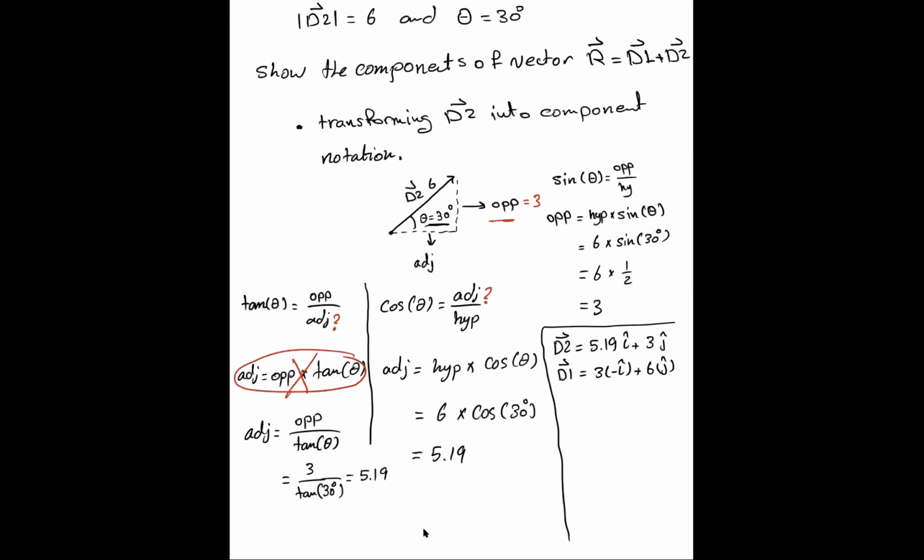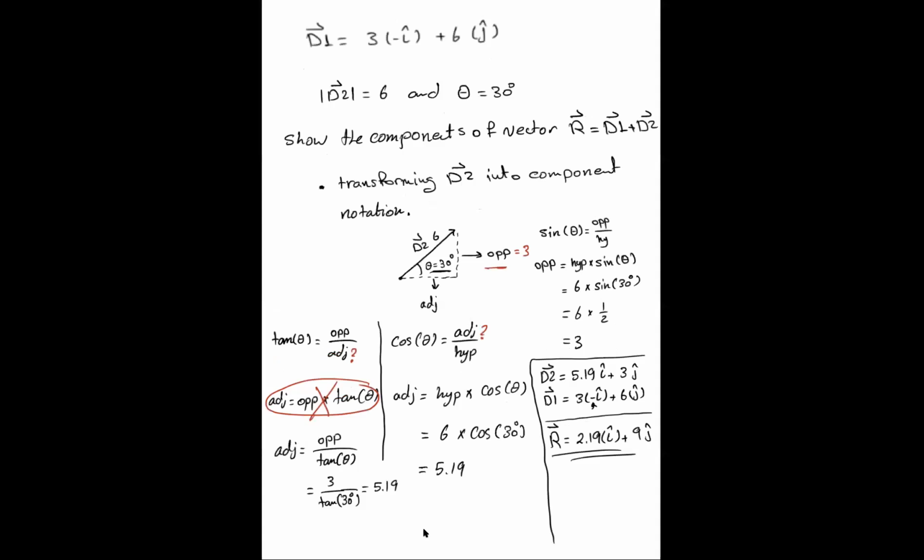And as Isaiah was doing earlier, we can just add the same components together to get the R, and that's 5.19 plus negative 3. It's really important to notice that there is a negative right here. So that will give us 2.19 i hat plus 3 plus 6 is 9 j hat.